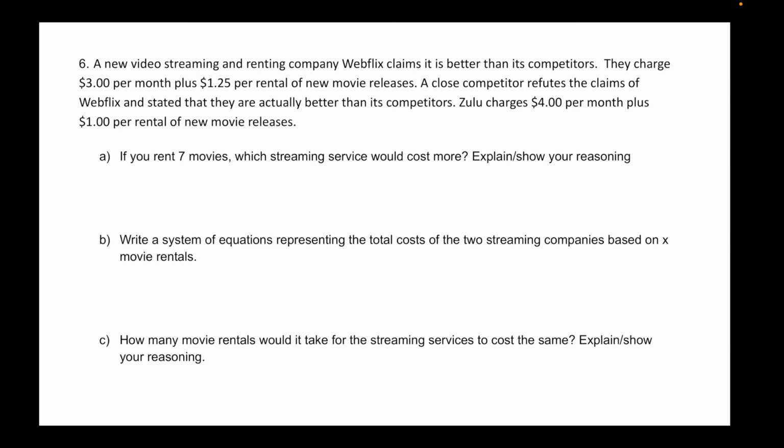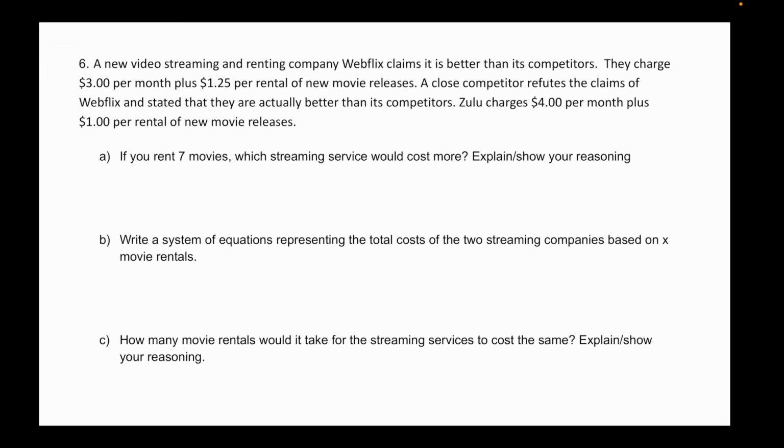A close competitor refutes the claim of Webflix. Refutes just means they disagree, and they think that it's wrong. They refute the claim and state that they are actually better than its competitors. So this new streaming service, Zulu, charges $4 a month plus $1 per rental of new movie releases.